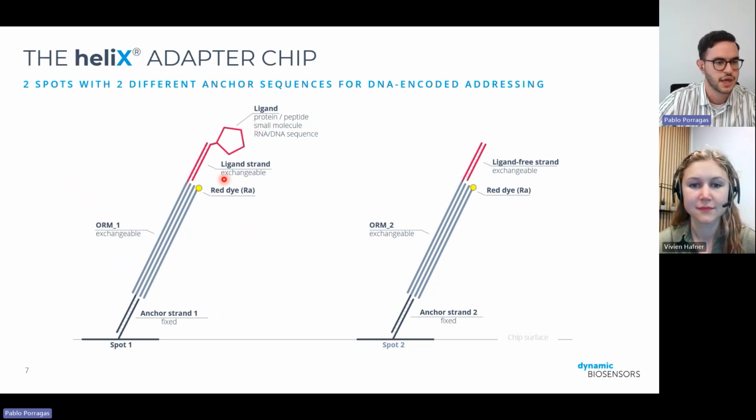We can direct that origami every time to spot 1 using the complementary sequence of this anchor strand that we have fixed here onto the spot. Similarly, we can functionalize a DNA origami to serve as our reference origami nanolever that doesn't have a protein attached, for example. This serves as our reference origami so that we can measure both the conformational change occurring in this ligand and reference the measurement in real time.